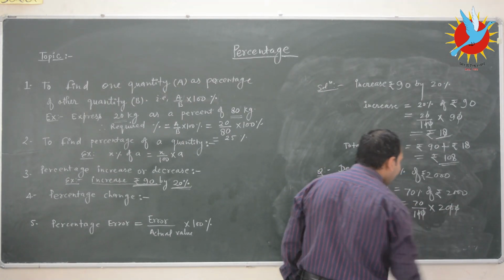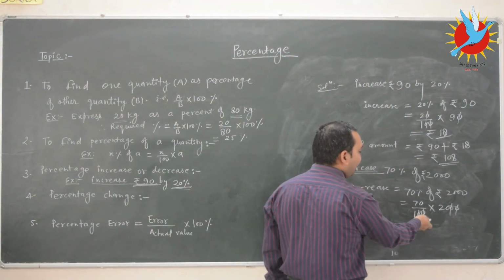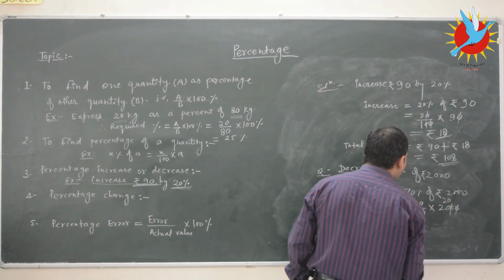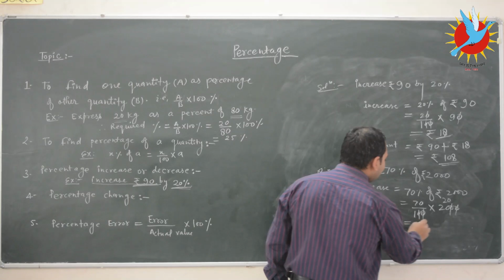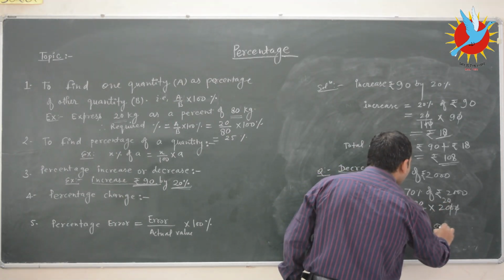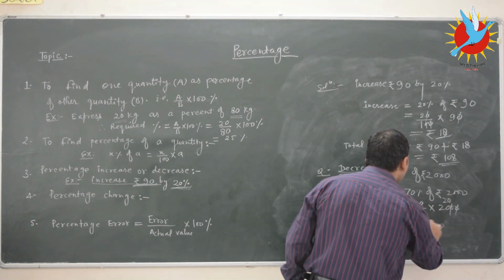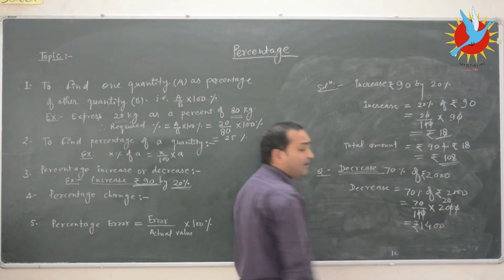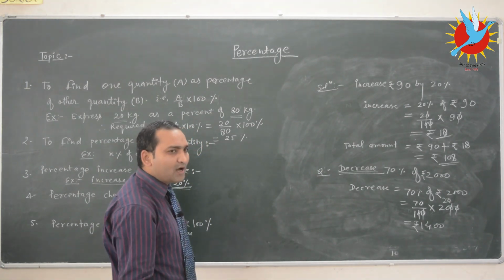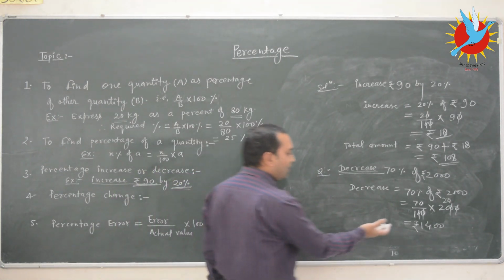100 into 2000 divided by 100 will be 20, and 20 into 70 is 1400, so rupees 1400 decrease. So what is the new amount after the decrease?